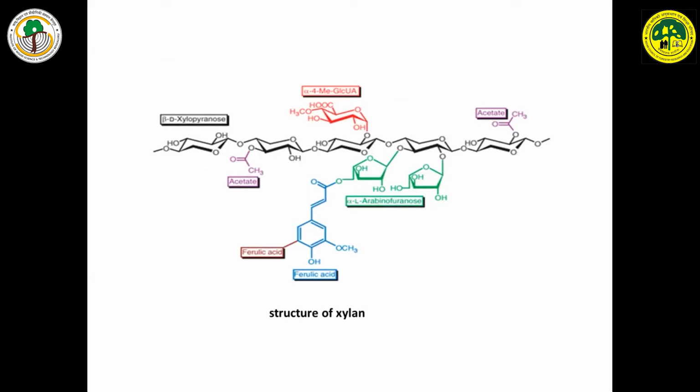Here this structure represents xylan. The backbone is present in black color, showing all the xylose molecules, that means the xylose residues. They are also called xylopyranose units because we can represent the xylose molecule by taking the organic molecule pyranose into consideration.